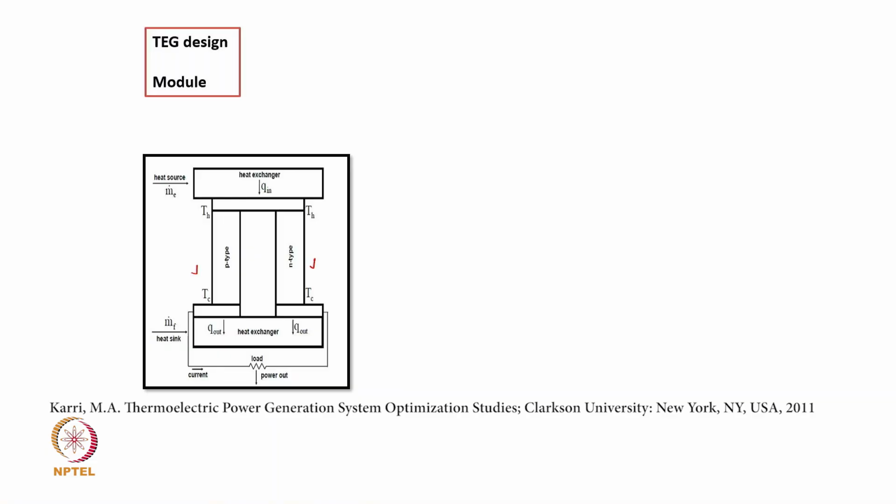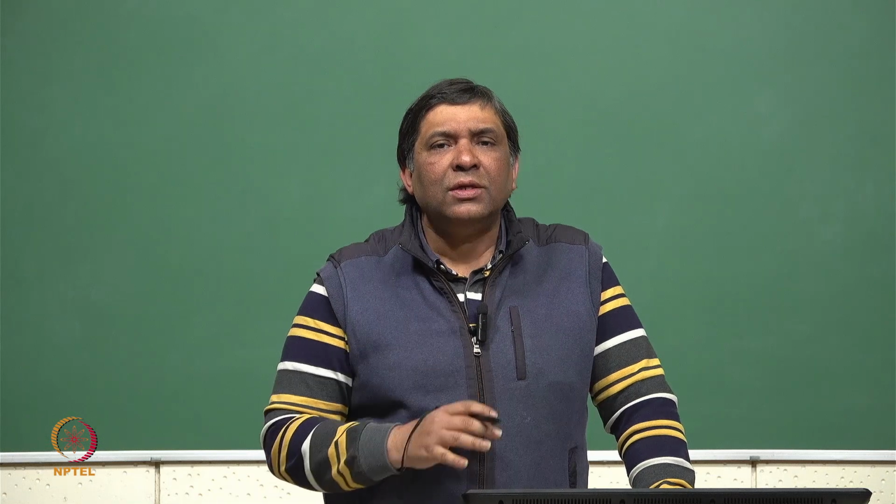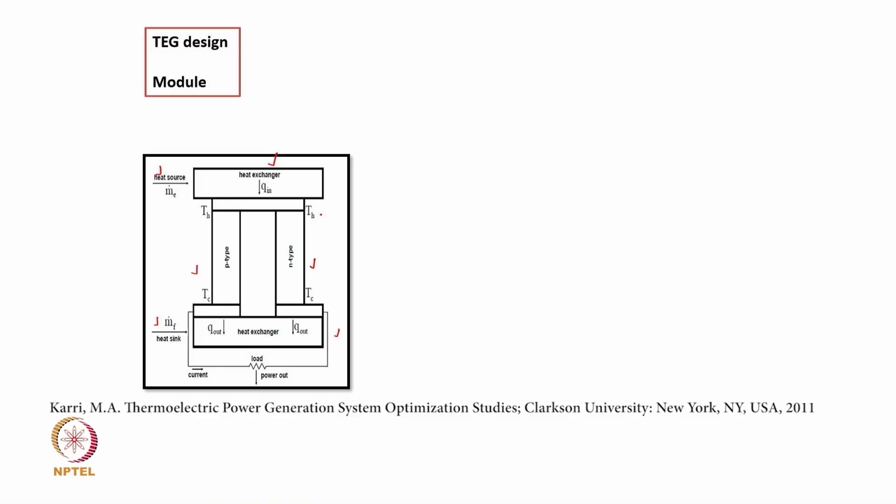Okay. So we have some heat source from where heat comes, and there is a heat exchanger, and then we have a heat sink, and there is another heat exchanger here. So what we have created here is a high temperature TH and a low temperature TC.